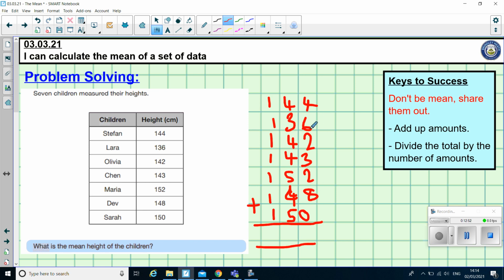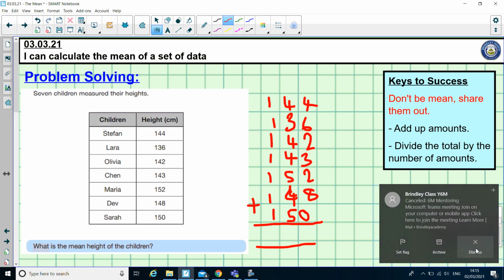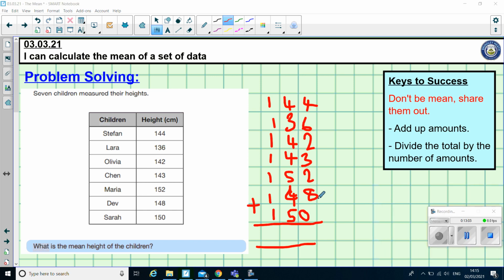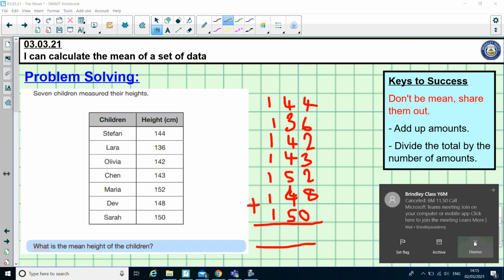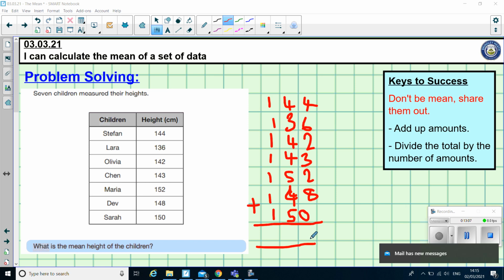Right, 4 add 6 is 10, add 2 gives me 12, add 3 gives me 15, add 2 gives me 17, and then add 8 gives me 25. So 5 there, carry my 2.